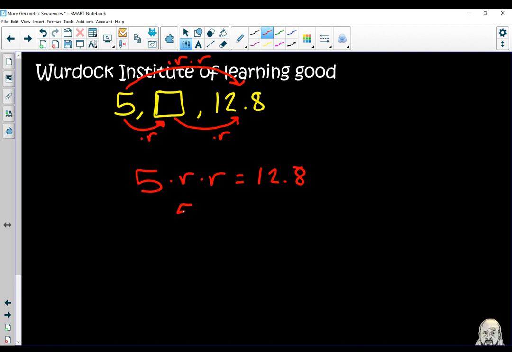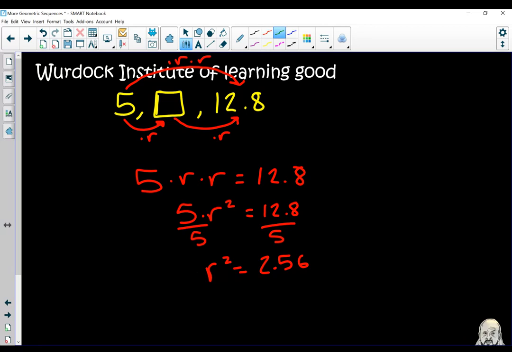I'm going to rewrite this as 5 times r squared equals 12.8. I'll divide each side by 5. R squared equals, I'm not that good at math, 12.8 over 5, let's just see here, equals 2.56.